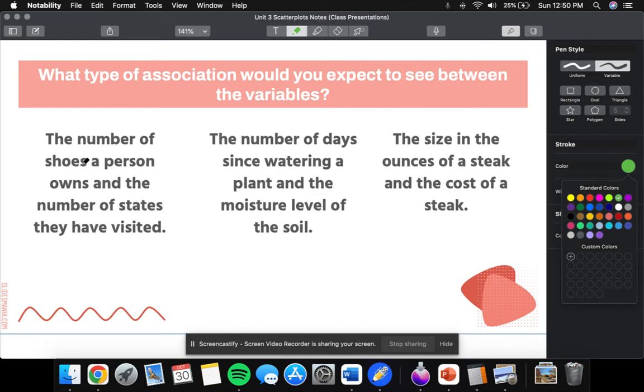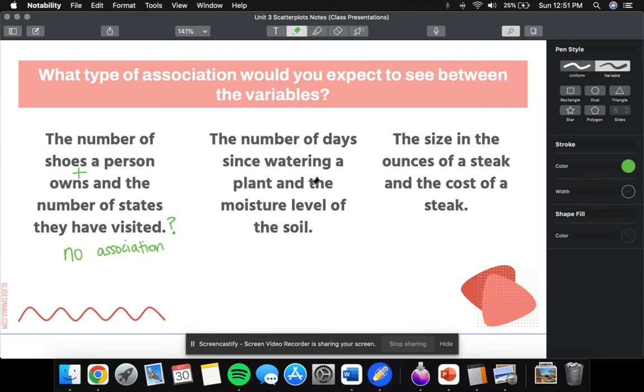But the way I work through this problem is I say, as the number of shoes a person owns increases, the number of states the person has visited, that makes no sense at all. So it shouldn't increase or decrease. It doesn't have an effect on either. So there should be no association.